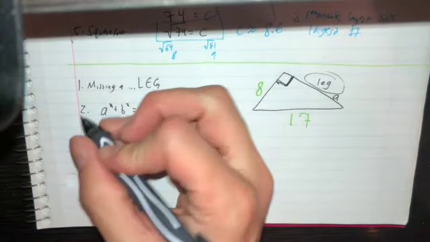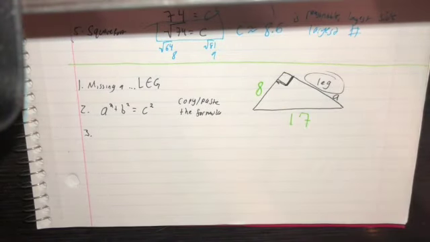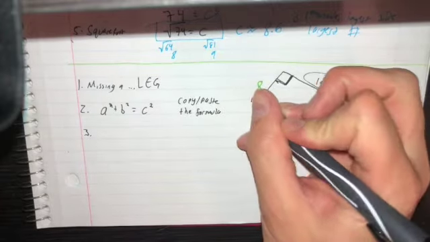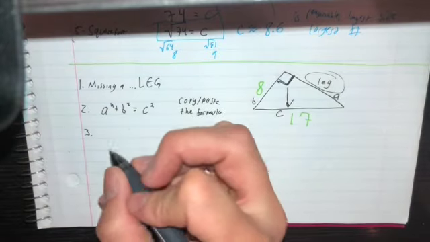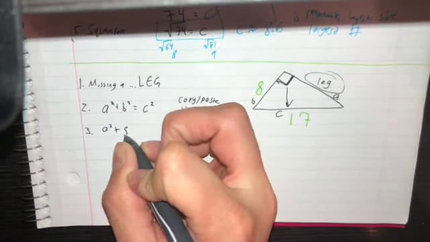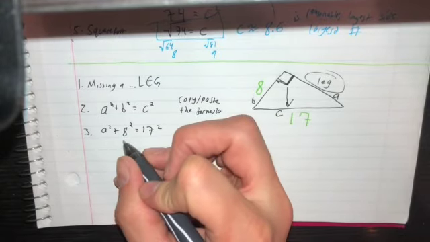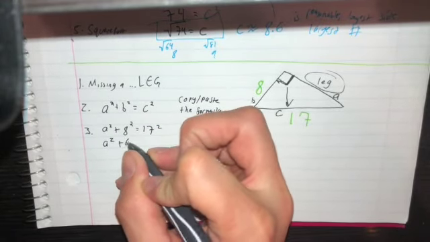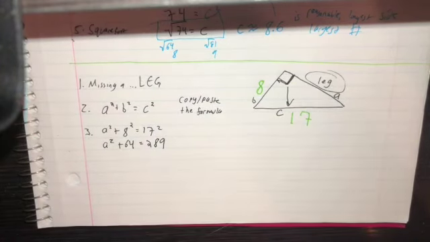So when I copy and paste my formula, I'm going to square my known numbers. My known numbers are 8 and 17. I'm going to call 8 side length B, and 17 is my hypotenuse, so I'm going to call that C. So I have a squared plus 8 squared equals 17 squared, and I'm going to square the numbers that I know. 8 squared is 64. 17 squared is 289.